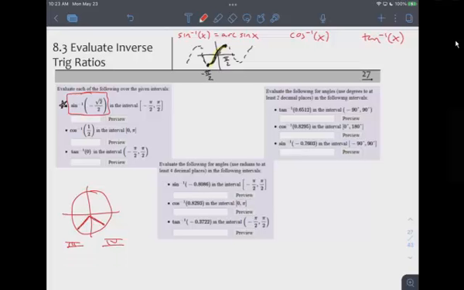Well, when you're looking at this interval from negative pi over 2, which is right down here, all the way to pi over 2, this is the corresponding interval on the unit circle that corresponds to this interval on the coordinate plane. So which of these angles is going to be the one that gives negative root 2 over 2?